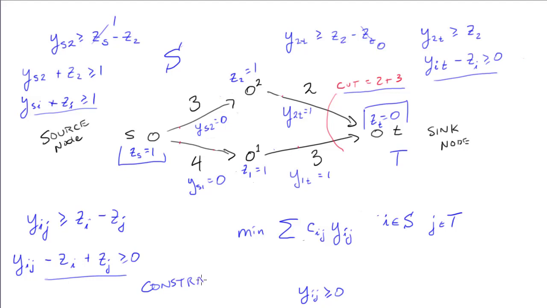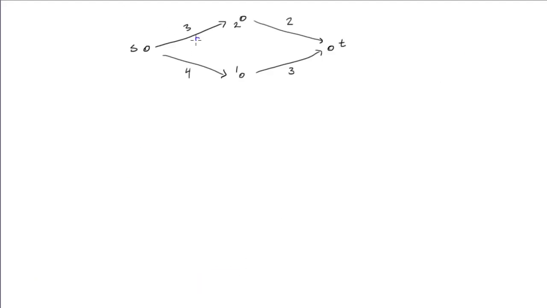With our problems defined, now it's time to put it in matrix form. Looking at the max flow problem, set up our flow variables, trying to maximize the flow value, which is the flow leaving the source, and set up our balance constraints at the nodes.